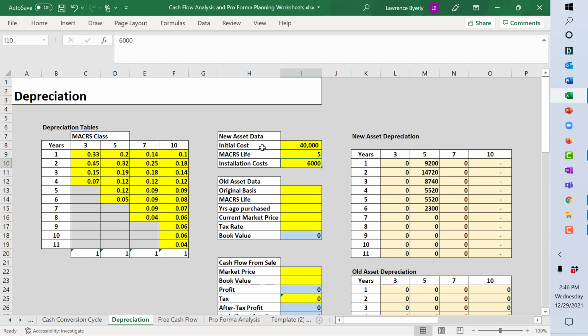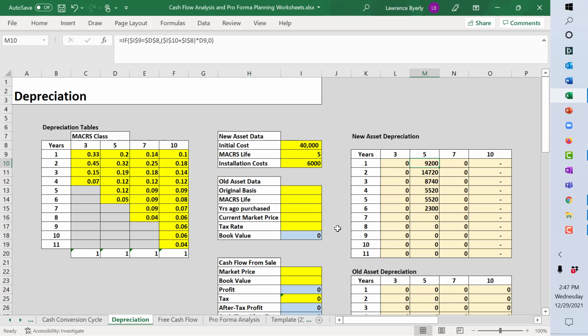I could have told you that the installed cost was $46,000, but the depreciable basis is the total cost, which is its initial cost plus any installation costs. So when you put that data in, what we find is here is the depreciation schedule for that asset. The very first year, you'll be able to depreciate it 20%. 20% of $46,000 is $9,200.